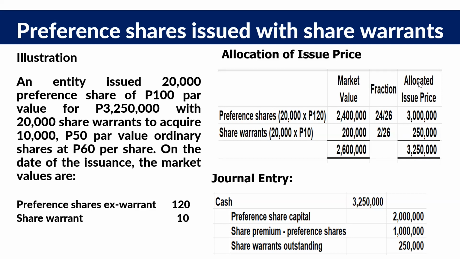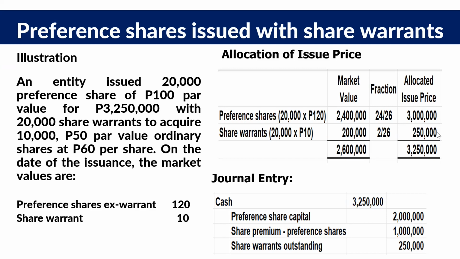Out of this total, you create a fraction: 24 over 26, multiplied by the total issue price of 3,250,000, gives you 3 million. And for the share warrants, you have 2 over 26 times 3,250,000, so you have 250,000.